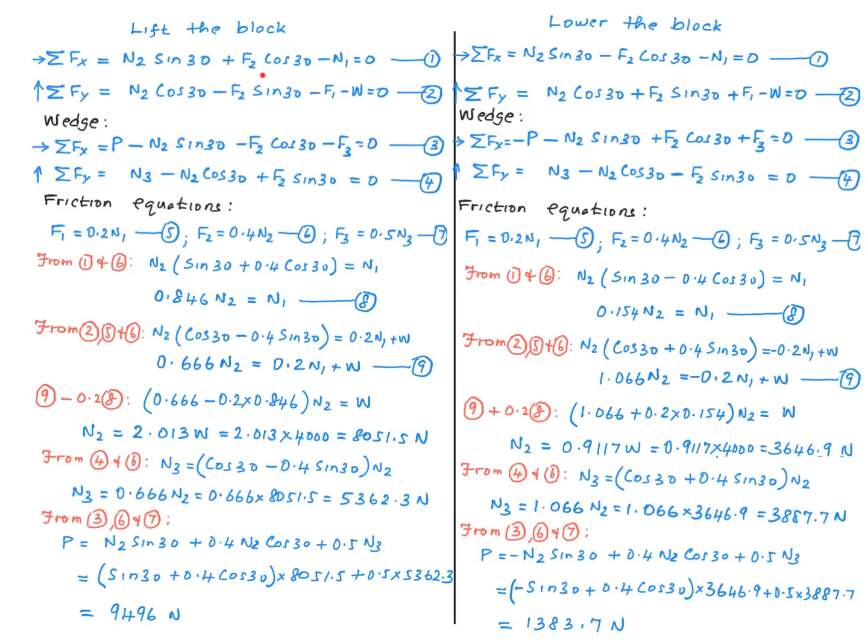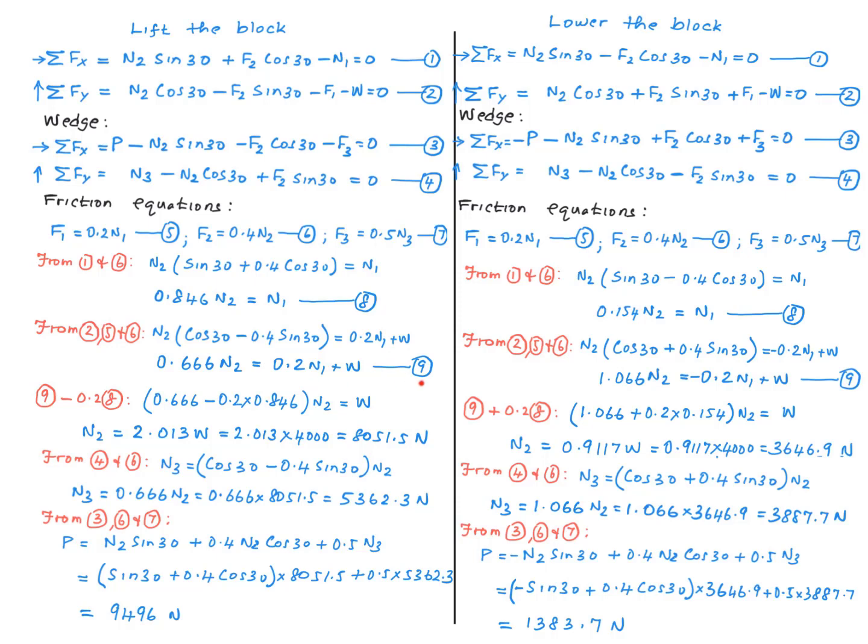Now if I take equation number 1 and relate F2 to N2, I can come up with an equation for N1 and N2, right? So that'll be one equation in terms of N1 and N2. So that's what equation number 8 is. And similarly, if I take equation number 2 and express F2 in terms of N2 and express F1 in terms of N1, I can come up with one more equation in terms of N1 and N2.